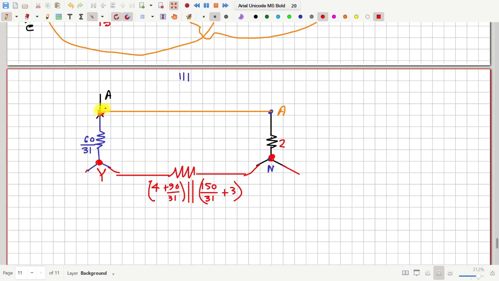Now, how much is the resistance between A and N? So this is clearly this 2 ohm in parallel with this path, which is 60/31 from here plus this resistance.